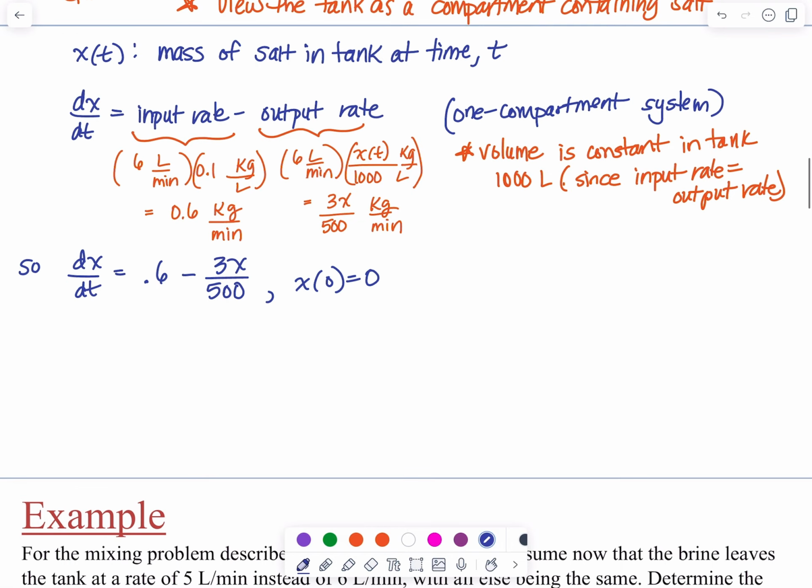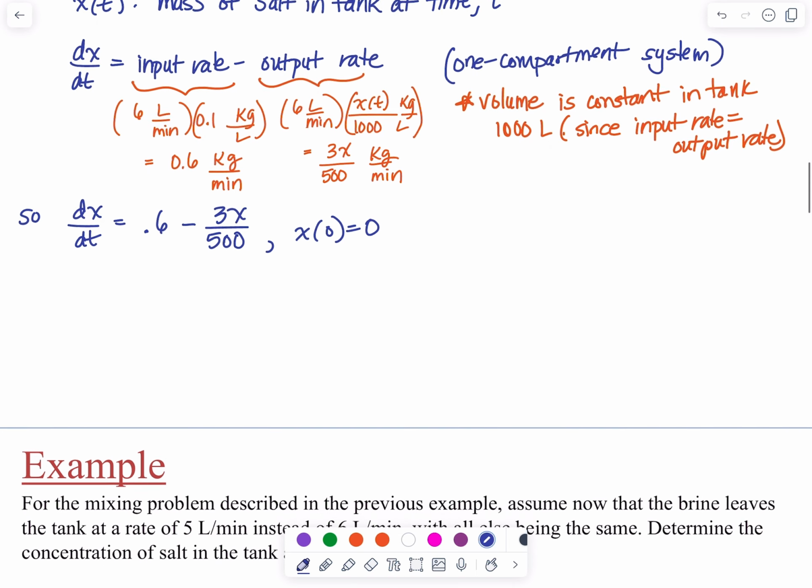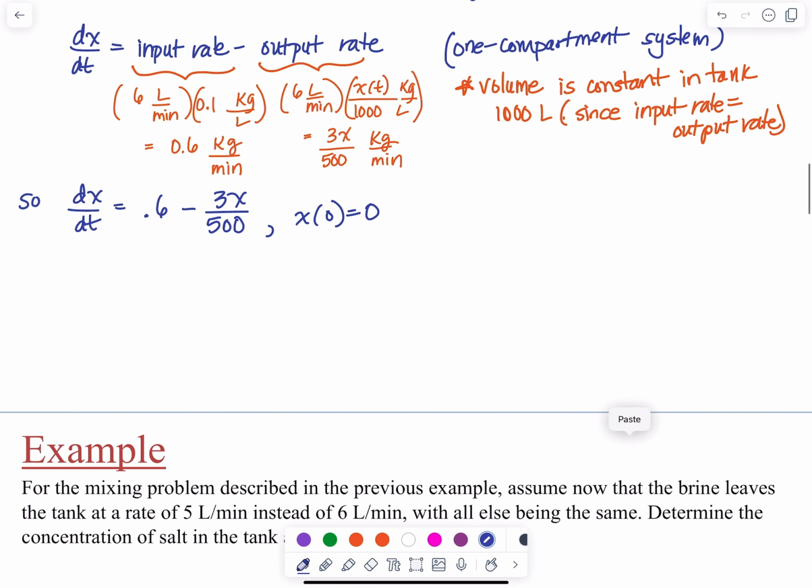So that is our initial value problem. This DE is both separable and linear. And we will go ahead and solve this using separation of variables.